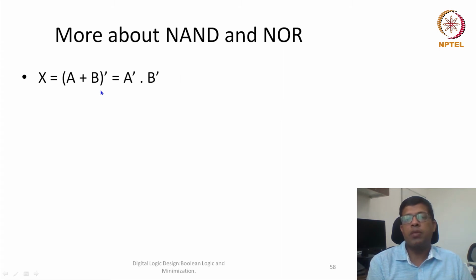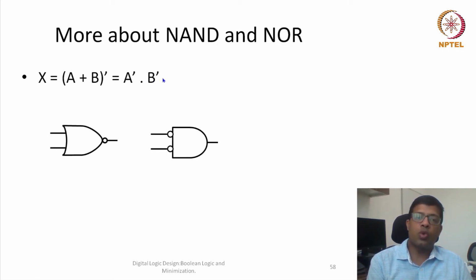Now if I apply De Morgan's law, the bar should come inside for each variable, and whatever is the OR will become AND. So this expression, applying De Morgan's law, becomes A dash, meaning inverted A, AND inverted B. So this NOR gate is essentially equivalent to an AND gate with both the inputs inverted.